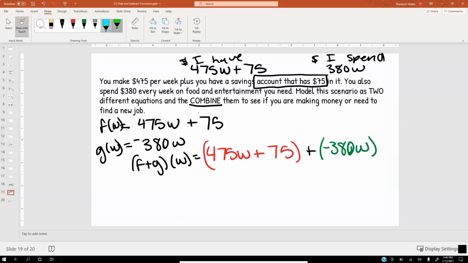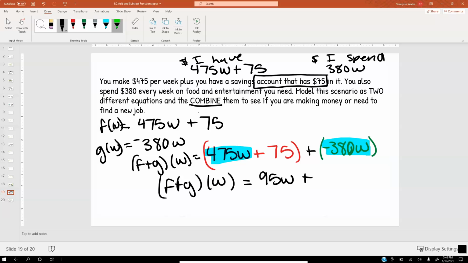Because I'm adding, I just need to combine like terms. So I'm going to take my 475 and combine it with my negative 380. And I get f plus g of w equals $95 per week plus my $75.